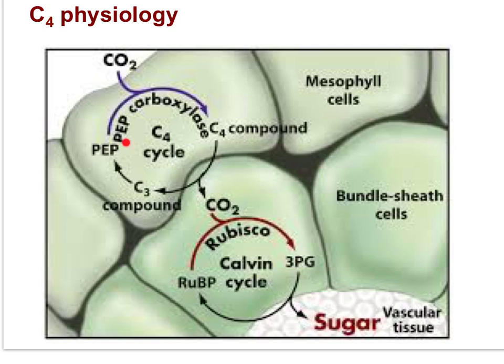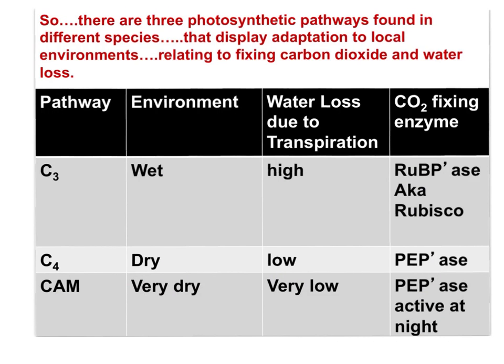The high affinity that PEP carboxylase has for carbon dioxide at the leaf surface allows stomata to close partially, serving to conserve water.